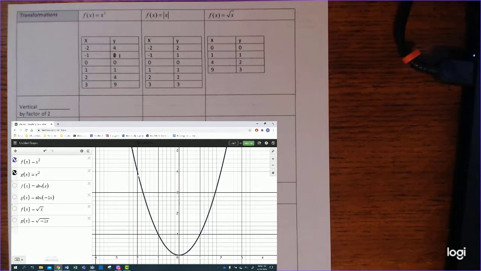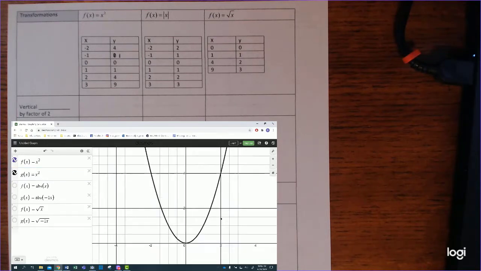For f of x equals x squared, when x is negative 2, y is 4. When x is negative 1, y is 1. When x is 0, y is 0. When x is 1, y is 1. When x is 2, y is 4. When x is 3, y is 9.